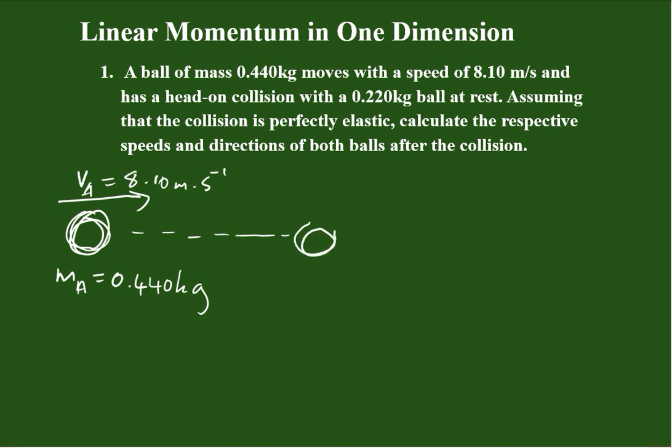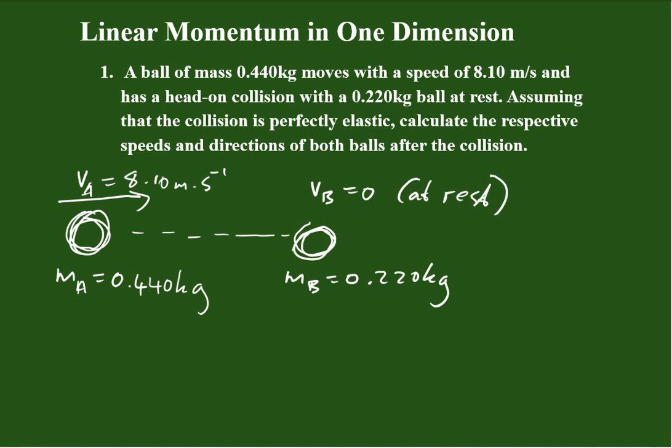It collides with a different ball, which we'll call mass B. And this is 0.220. And this one is at rest initially, so that's just 0. So I'll just say at rest. So this is before the collision.